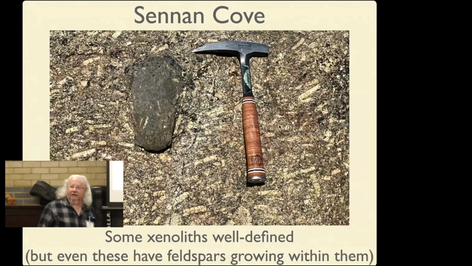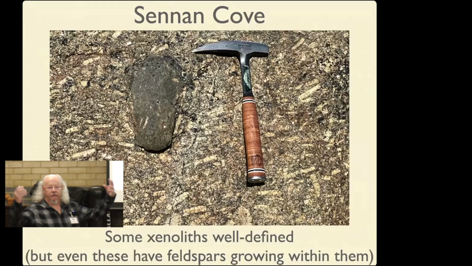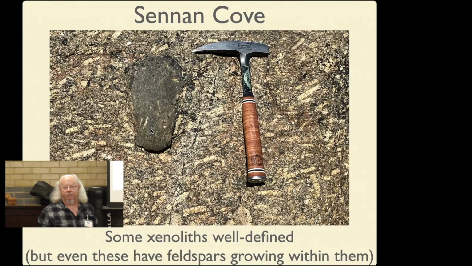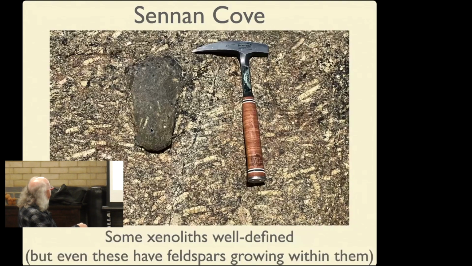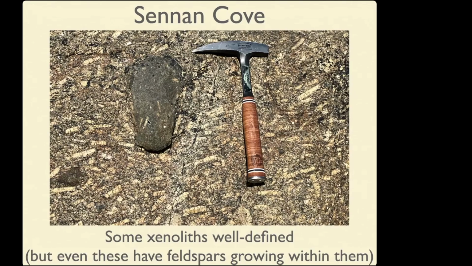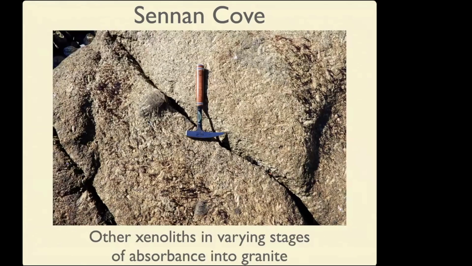That's basically a lump of the Killas, a lump of the surrounding country rock that's fallen off and gone into the magma chamber itself. And interestingly, there are feldspars forming within this. It's already recrystallizing. And you get all sorts of levels of this going on.